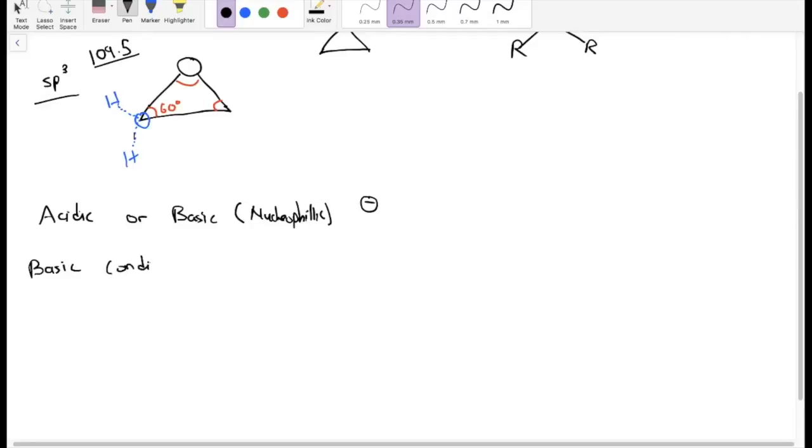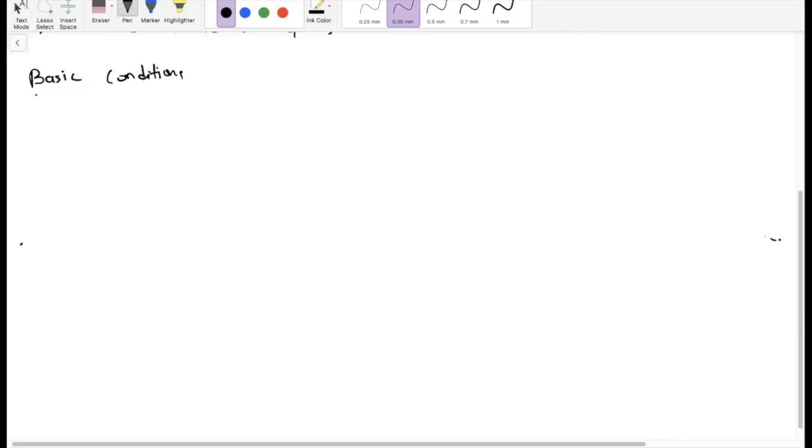Basic conditions. So I'm just going to go ahead and draw a very simple, let me just make my screen a little bigger. Let me just scroll down. Okay, basic conditions. Here, let me just draw a simple ether, epoxide, sorry. Just the one I drew earlier. Don't mind my poor handwriting.